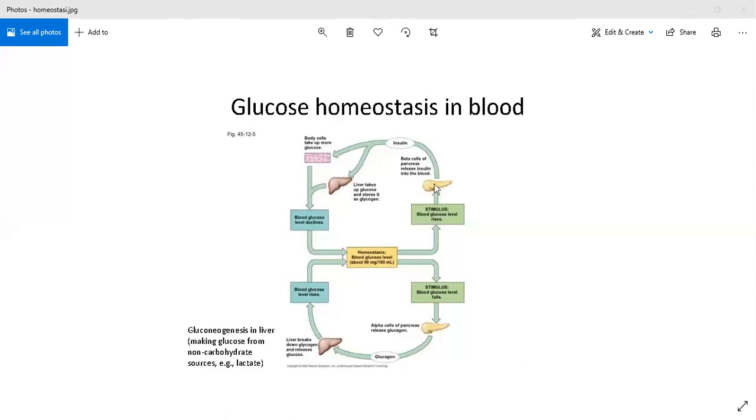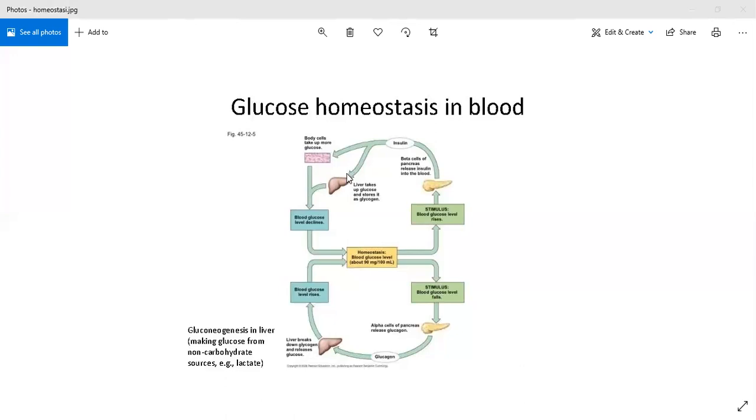The beta cells of the islet of Langerhans are stimulated and cause the release of insulin.